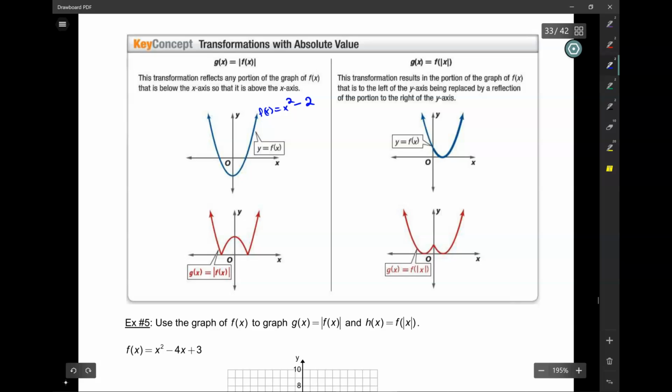Now, if I take that entire function and put it in absolute value, you know what it does? It takes whatever was negative and reflects it up like this. Just reflects. Okay? Isn't that cool? That is so cool. Okay.